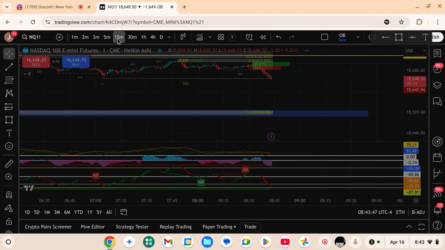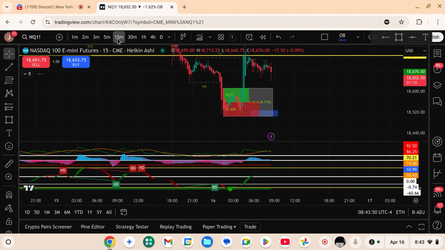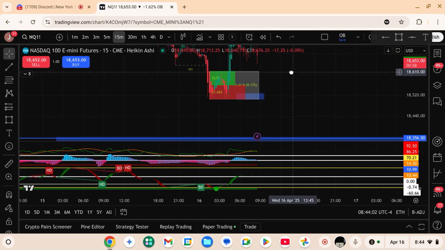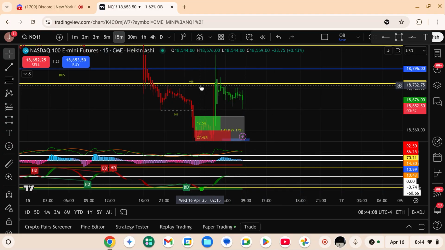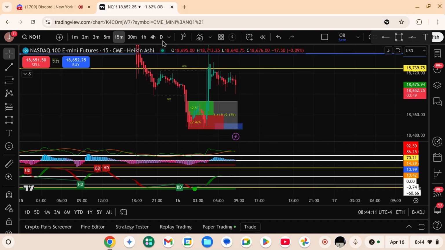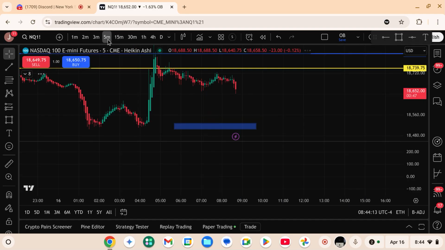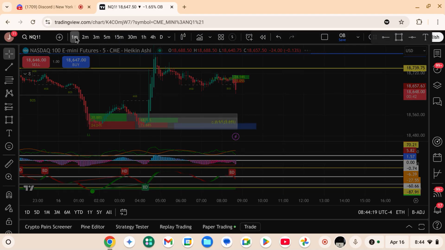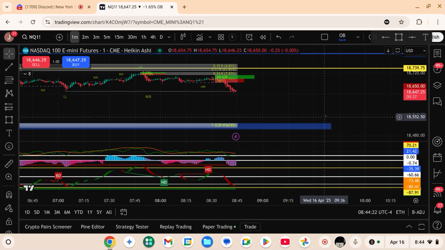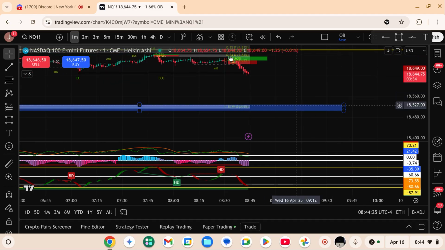Yeah, that looked like a good area to take longs from because it's a 15-minute order block. It left with a market structure break, and then it's also in line with a 5 minute order block and a 1 minute order block. So we can look to long from there to here.